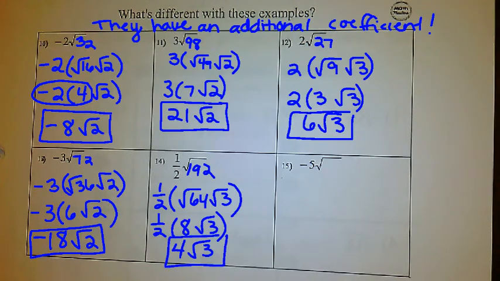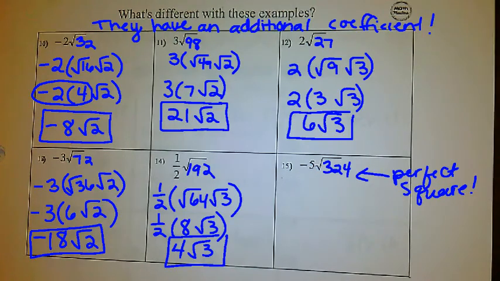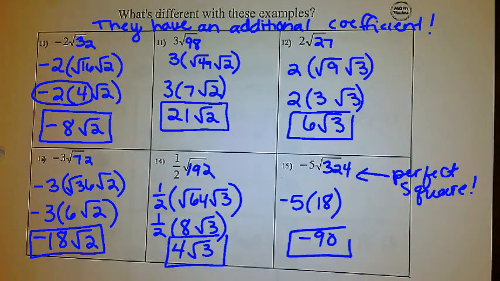So 4 radical 3. And 324, hopefully you see on the other page that that is a perfect square. So all we do is evaluate that perfect square and get 18. Multiply those together, and my final answer is negative 90.